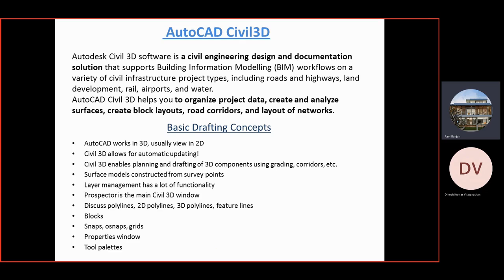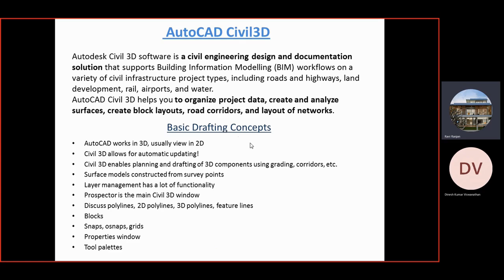BIM means we have all the information about buildings, about the land and surveyors, and about road, rail, and pipelines. That's why we call this a BIM software. AutoCAD Civil 3D will help you organize project data, create and analyze surfaces, create block layouts, road corridors, and layouts of networks of roads, rails, airways, waterways, and pipelines.